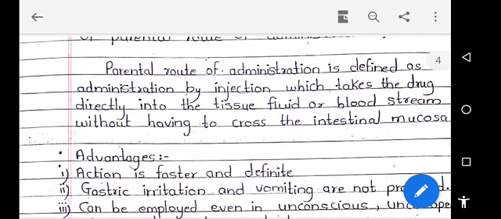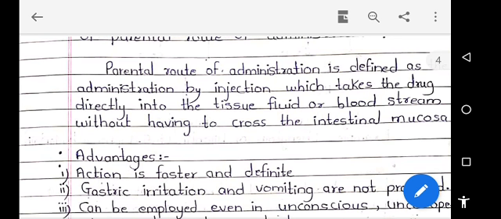If you compare this parenteral route of drug administration with the oral route of drug administration, then we find that the oral route takes more time and gives less therapeutic action, and these drugs are absorbed from the intestinal mucosa. Due to this, the required therapeutic action will be less.